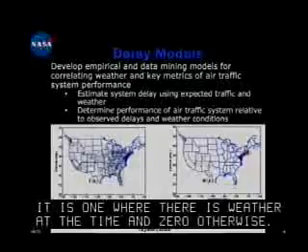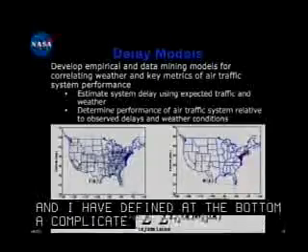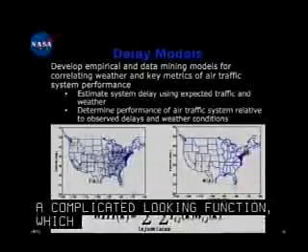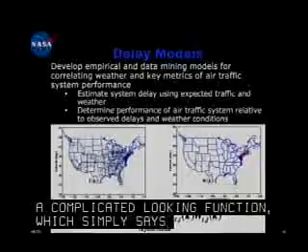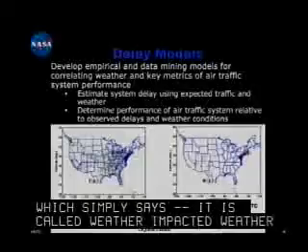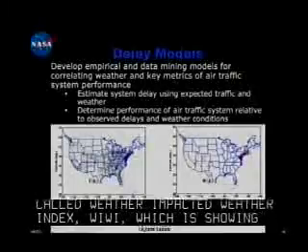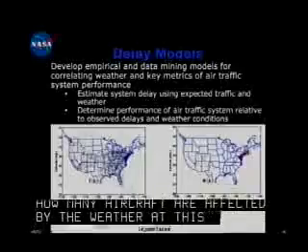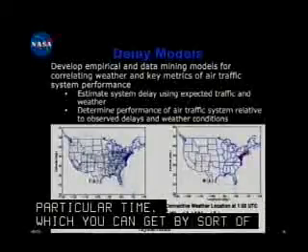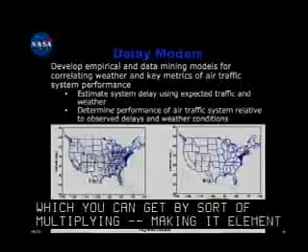And I have defined at the bottom a complicated looking function called WITI, or Weather Impacted Traffic Index, which is really asking how many aircraft are affected by the weather at this particular time, which you can get by making an element by element multiplication of the two matrices. And that's what the equation at the bottom says.